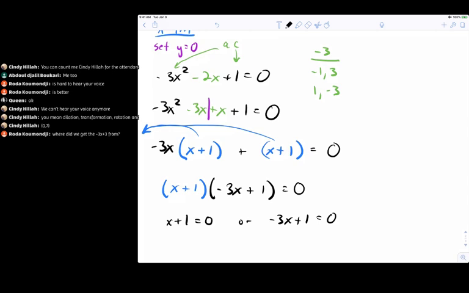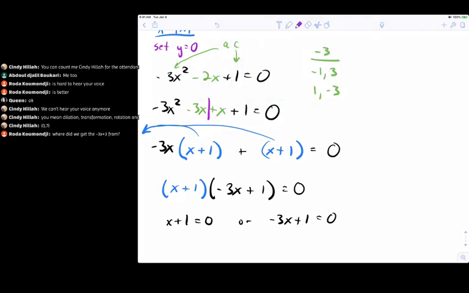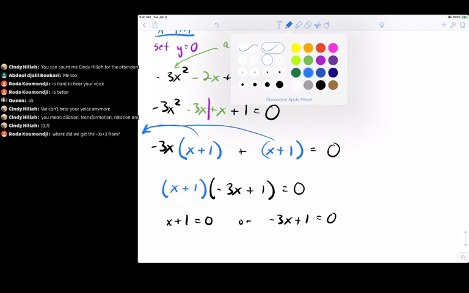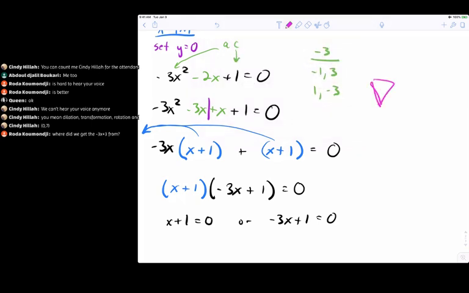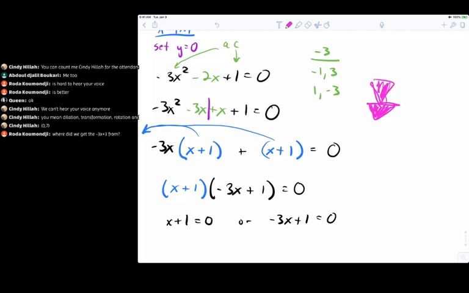So let's choose a color. Let's go with this color. So this -2 here, we rewrote it using this -3 and this 1. So we rewrote the green into this.